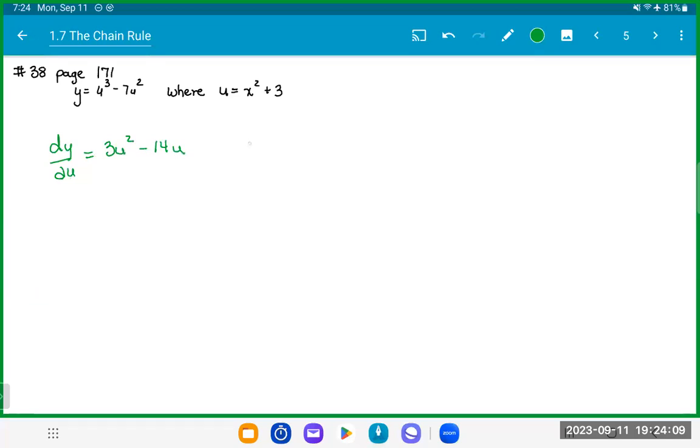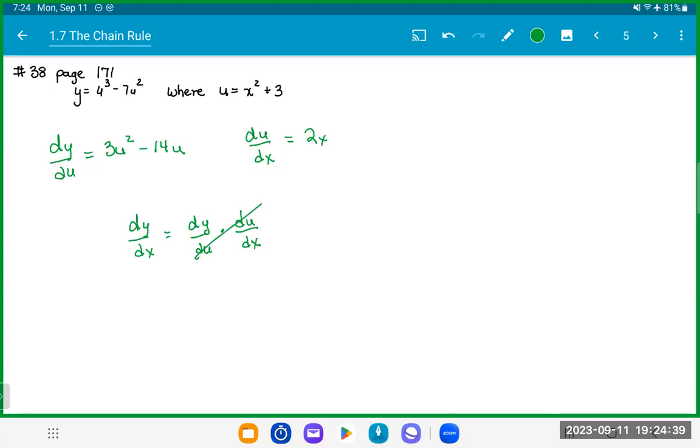Okay, if I take the derivative of u, that's du with respect to dx. And so the derivative of u is going to be 2x. Now if I want to know my derivative dy dx, that's what it's asking me for, right? dy dx is the same as saying dy du times du dx.